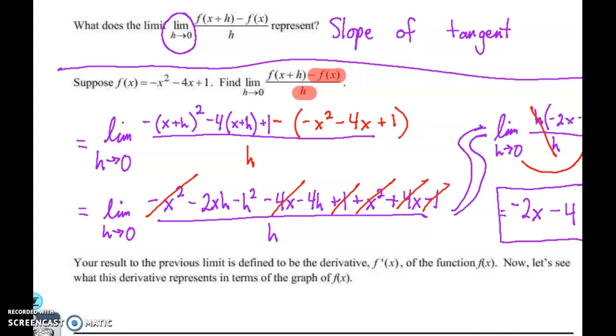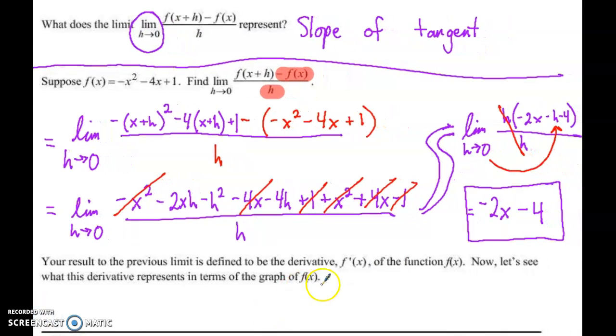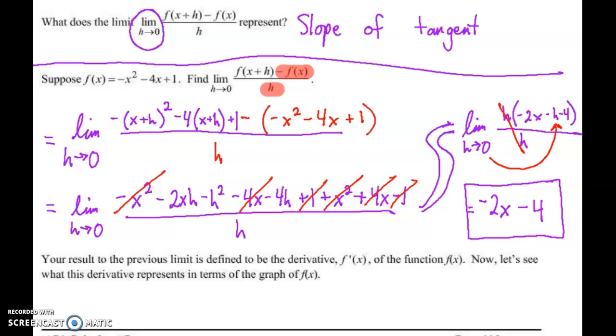So a quick answer to the next question is what we just found is the derivative, and this is the notation we use, one of many notations, I should say: -2x minus 4. And what it does is it finds the slope of the curve at that point. Actually, let me write that down.